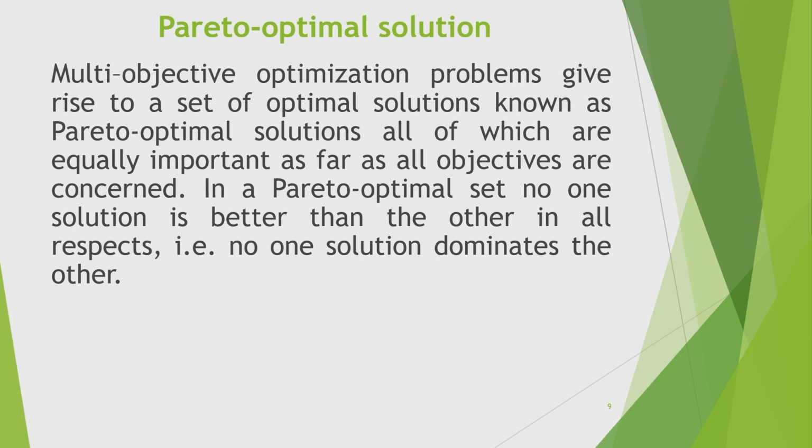that is, no one solution dominates the other. An example: suppose we have 3 students, Ram, Ramesh and Ali. And their marks in physics and mathematics are given here like this.